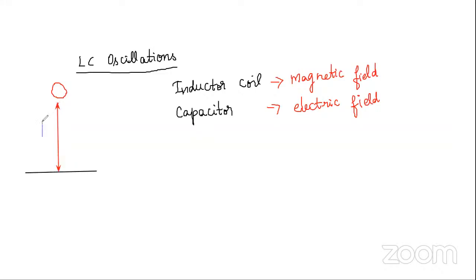Now it has been taken to the height h and it is in a state of rest. You all know very well the concept of potential energy and kinetic energy. So the body has mass m.